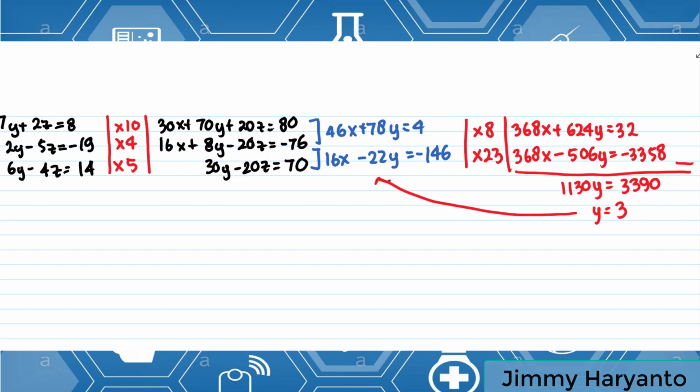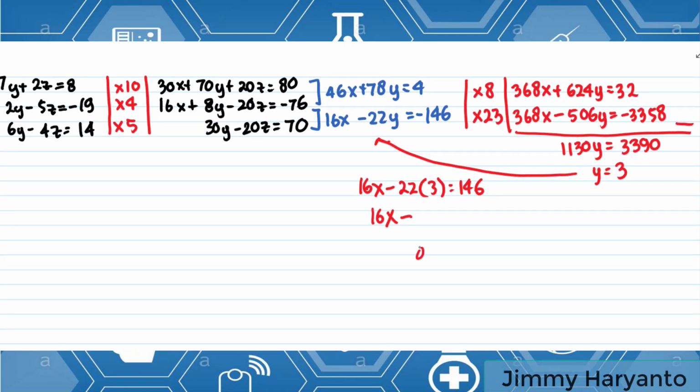And then I can try to get the x by substituting the y. 22 times 3 equals 66, so 16x minus 66 equals 146.